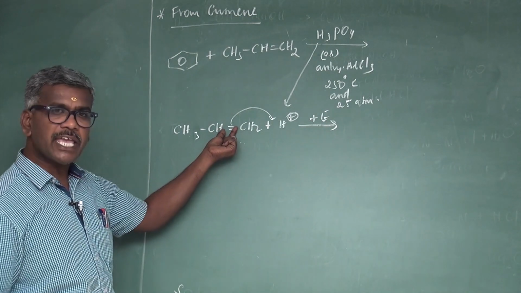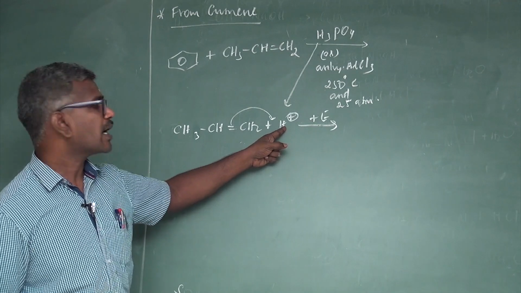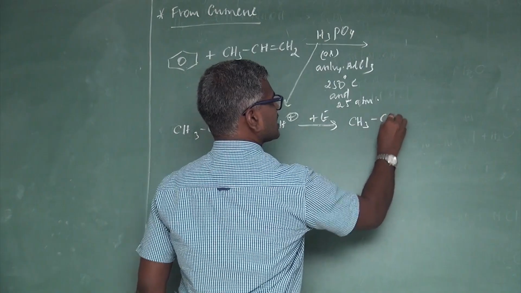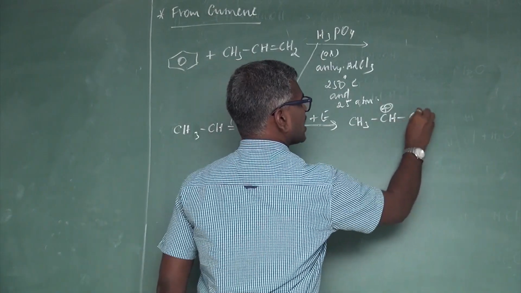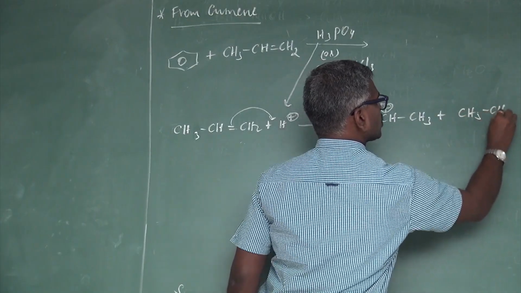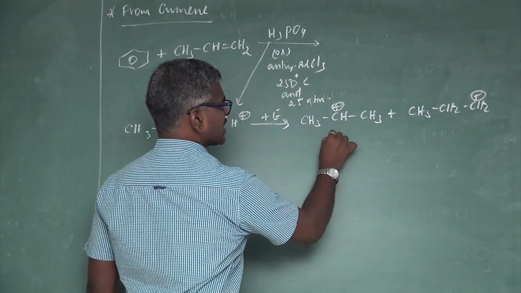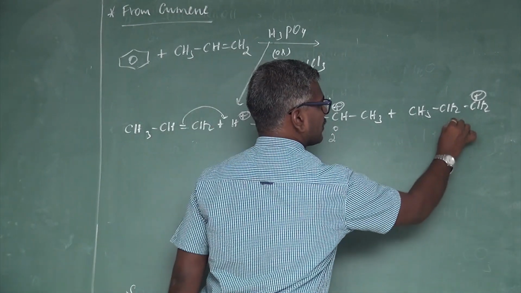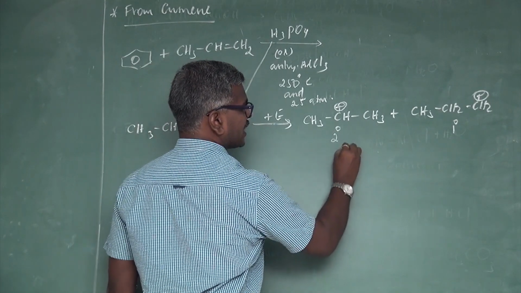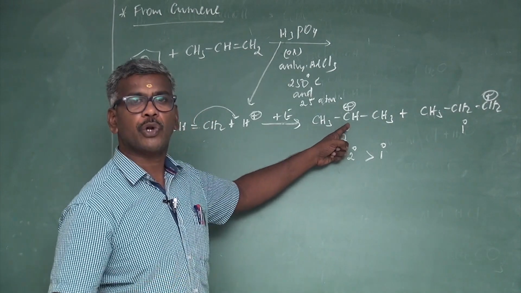The pi electrons migrate towards the addition of H plus, forming CH3 CH positive charge CH3 or CH3 CH2 CH2 positive charge. This one is a secondary carbocation, this one is a primary carbocation. Comparing stability order, secondary is more stable than primary. So the secondary compound is more reactive.